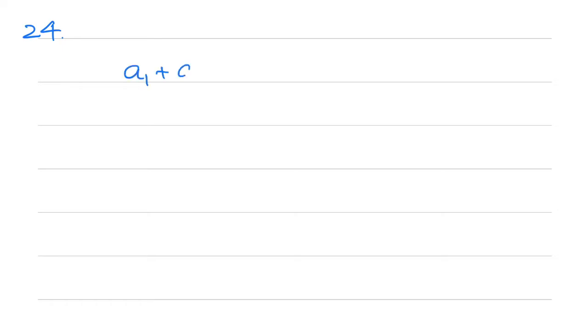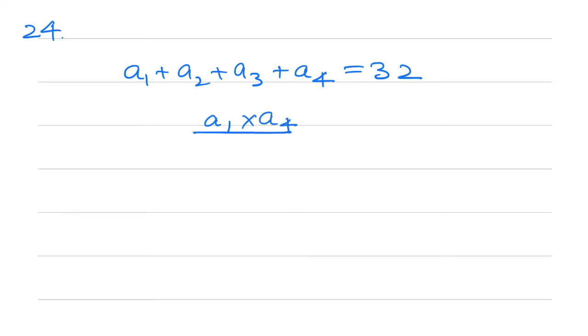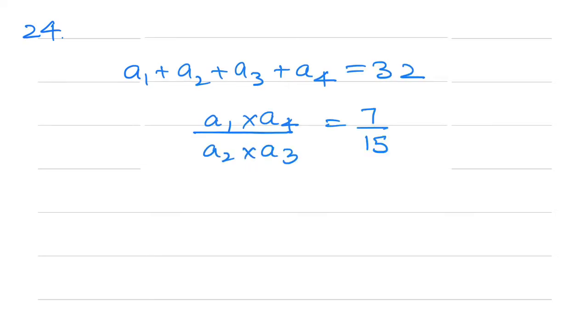So A1 plus A2 plus A3 plus A4 is equal to 32, and the ratio of the product of the first term and the last term to the product of the two middle terms is equal to 7/15.